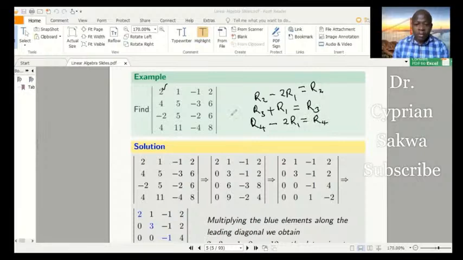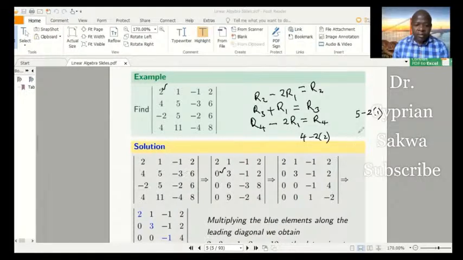So let's just do this and see what we get. So the first row remains where it is. Now, 4 minus 2 multiplied by 2, that is 0. 5 minus 2 multiplied by 1 is 1. That gives me 3.